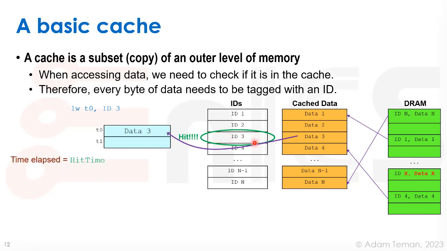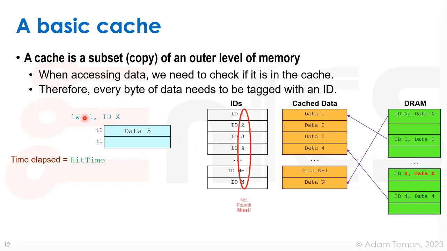The ID that we were looking for is inside the cache, and therefore we can immediately bring data number 3 into our register. The time it takes to check that we have that ID inside our cache and to bring it into our register and do whatever we want with it is called the hit time.